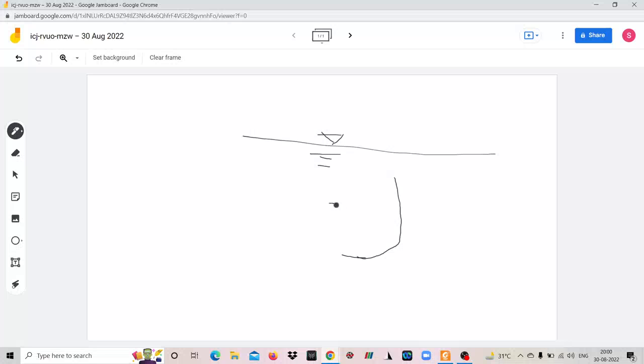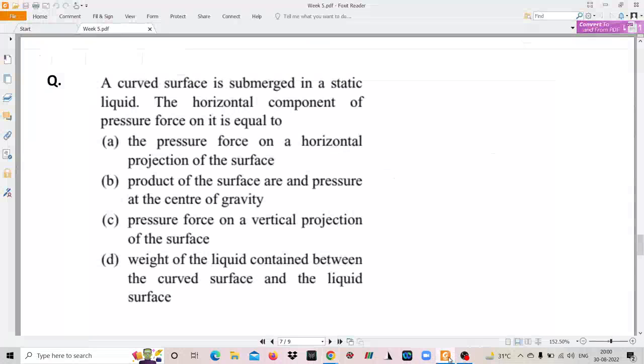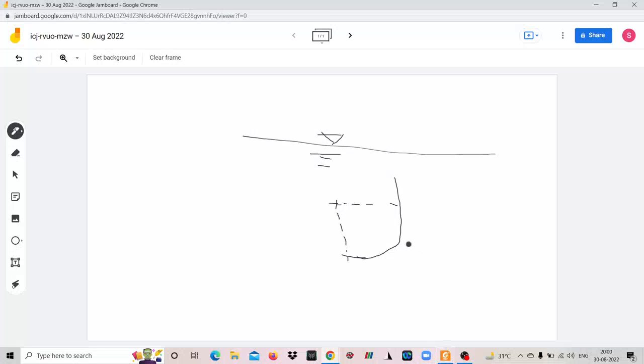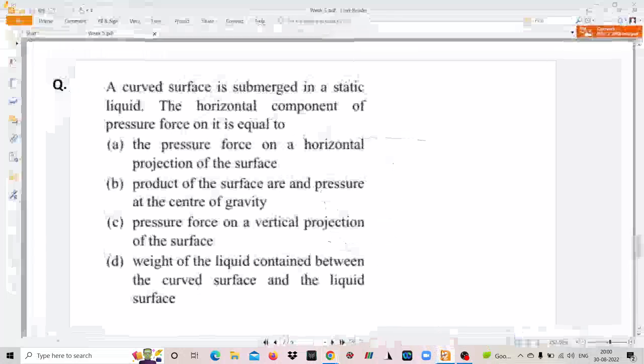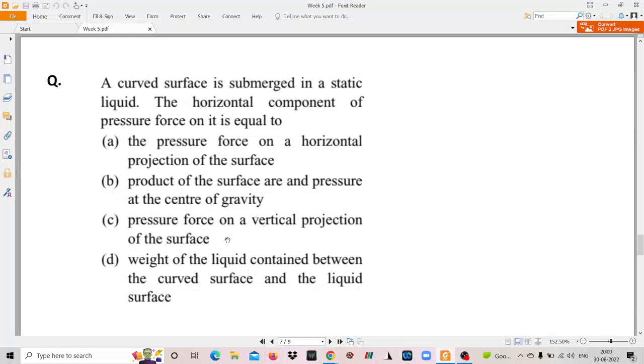This is the vertical projection of this curved surface and this is the horizontal projection. Now you have been asked about the horizontal component. So the horizontal component acts on the vertical projection. So yes, it is option C, correct. Clear?